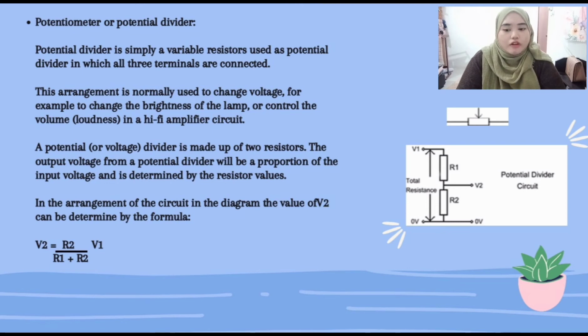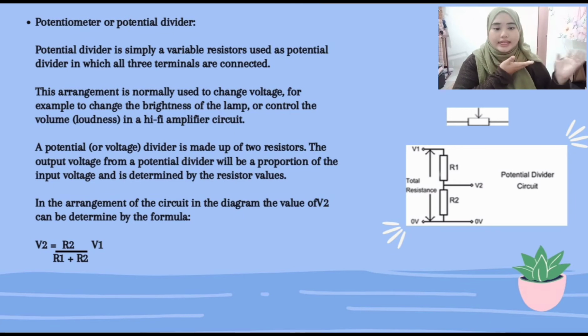A potential or voltage divider is made up of two resistors. The output voltage from a potential divider will be a proportion of the input voltage and is determined by the resistor values. In the arrangement of the circuit in the diagram, the value of voltage 2 can be determined by the formula like this. Okay, that's all from me.